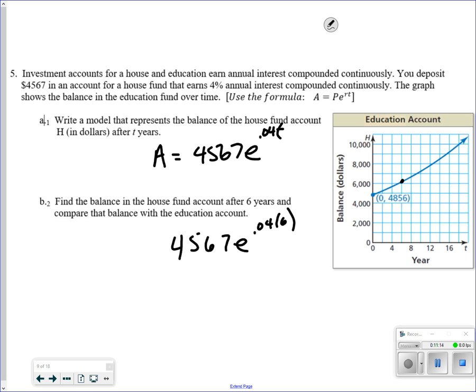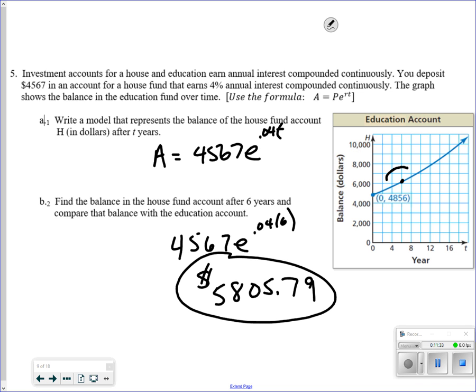So 4, 5, 6, 7, e raised to the 0.04 times 6, and I get $5,805.79. So just comparing the two, this is our house fund, and this is our education fund, and I would say our education fund is higher.